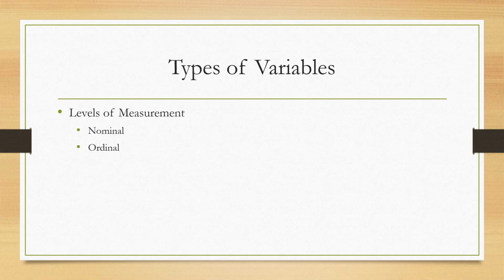The next level of measurement is ordinal. What we add on, and each of these will add on one unique attribute to what the data are telling us, is order. Now, within an ordinal variable, one key component is that the differences between each element in the data set might not be consistent.